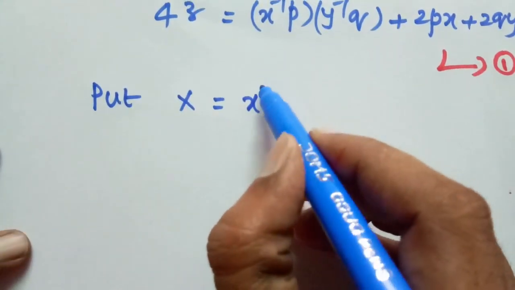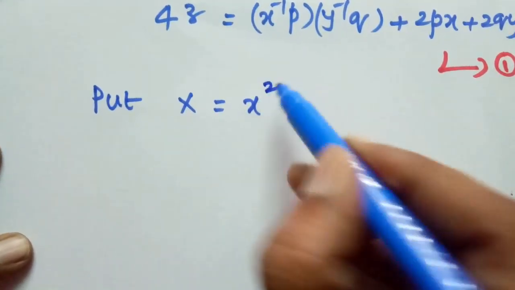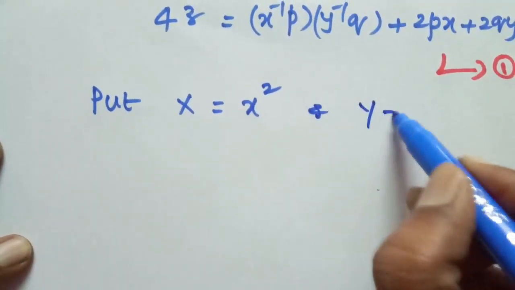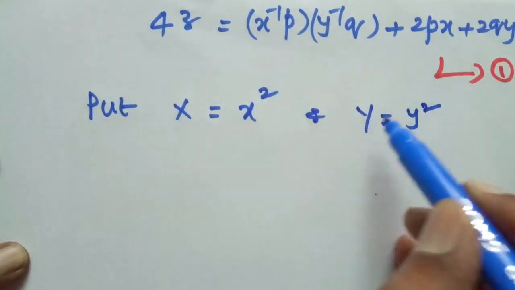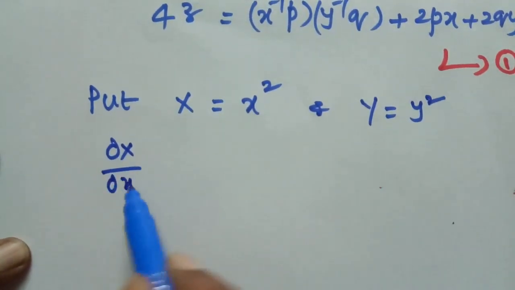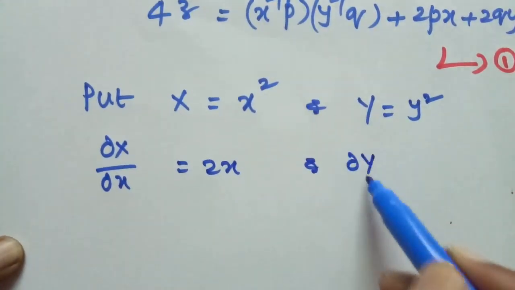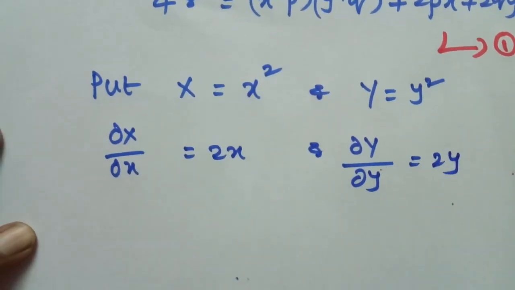So here 1 minus m, so m is minus 1, that is 1 plus 1, x square. Capital X is equal to x square and capital Y is equal to y square. Therefore, partially differentiating with respect to small x, we get 2x, and partially differentiating with respect to small y, we get 2y.